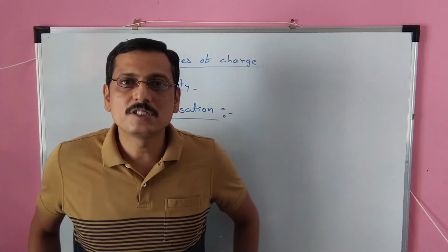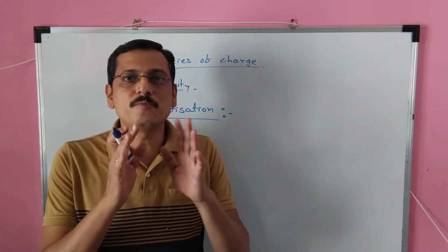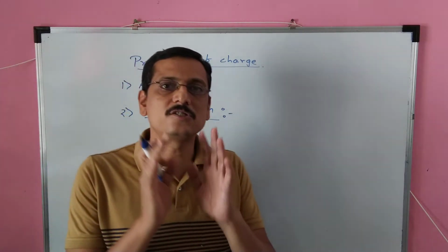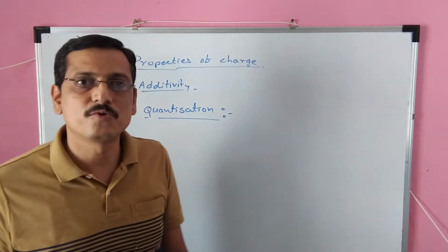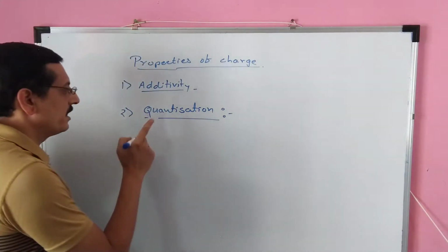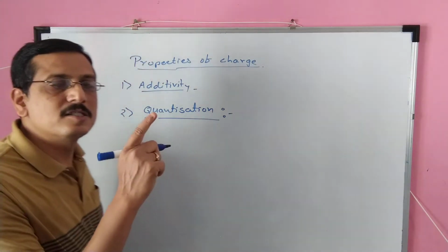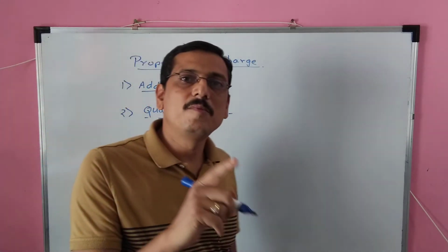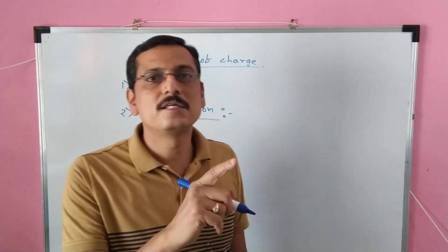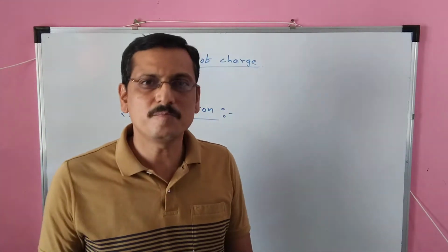The answer is that the smallest possible charge is the charge of an electron or proton. So the quantization property states that the smallest possible charge is the charge of an electron or proton.